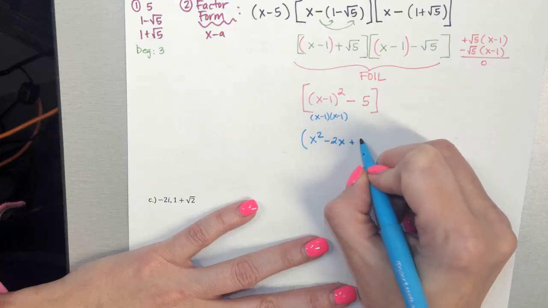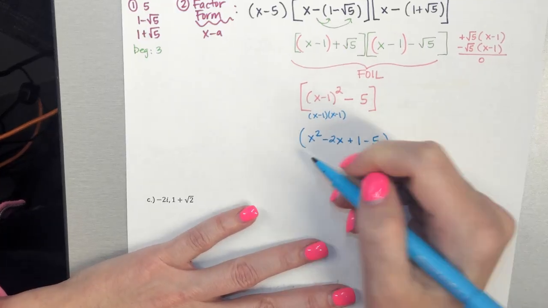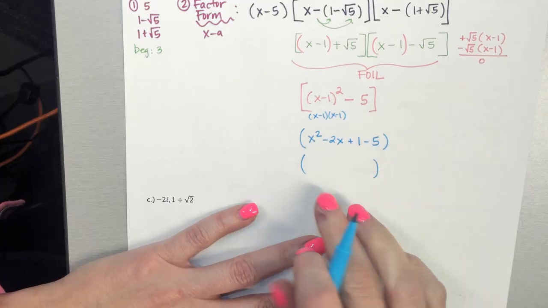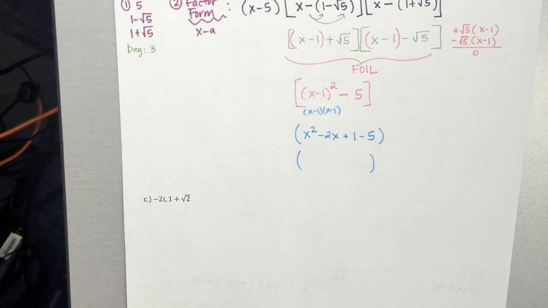Negative 1 times negative 1 is plus 1. Simplify it one more time. Okay, so if you combine your like terms, you're going to get x squared minus 2x, and then 1 minus 5 is negative 4.